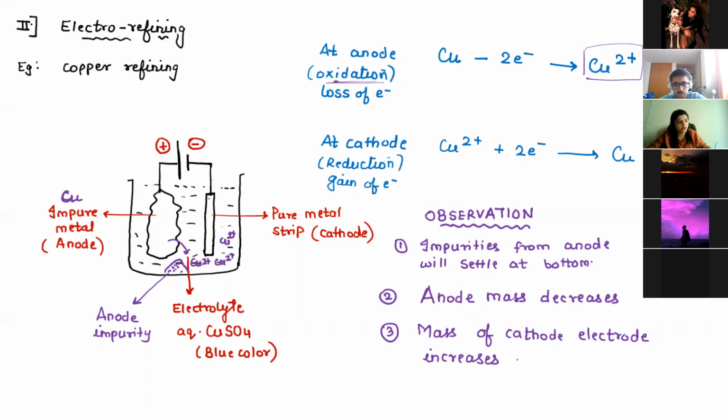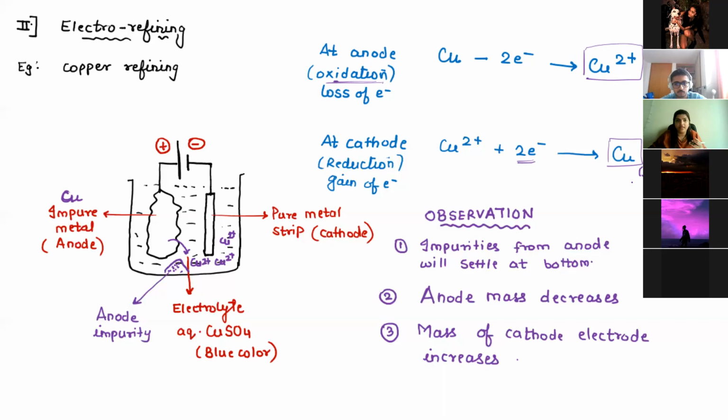Cathode, which is your pure metal strip, already made of copper but a thin strip. When that ion goes towards the cathode, it will gain electrons and form solid copper, which will deposit on the cathode. And that's how the size of the cathode keeps on increasing.